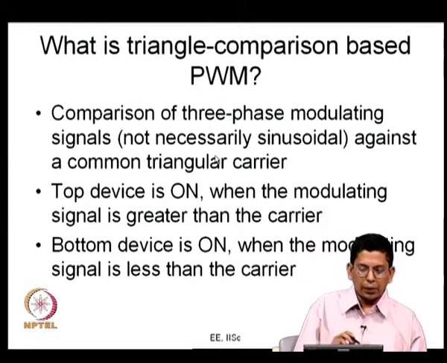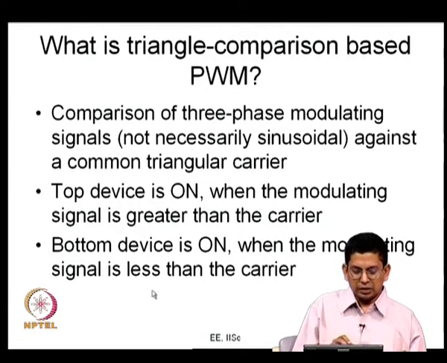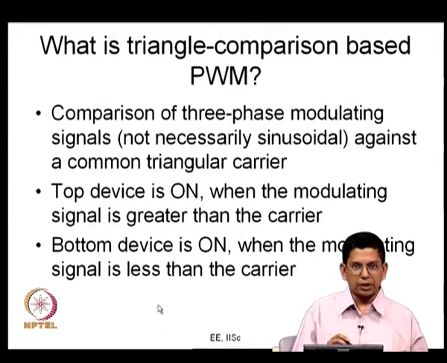The modulating signal is either greater than the carrier or it is less than the carrier. If the modulating signal is greater, then the top device is on. If the modulating signal is lower, then the bottom device is on. So, this is a very simple description of what is triangle comparison based PWM.